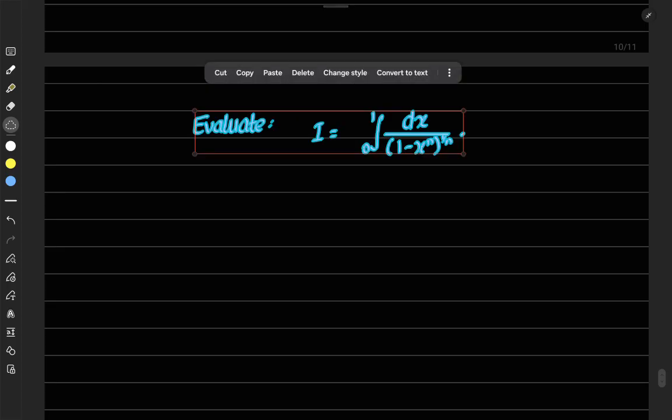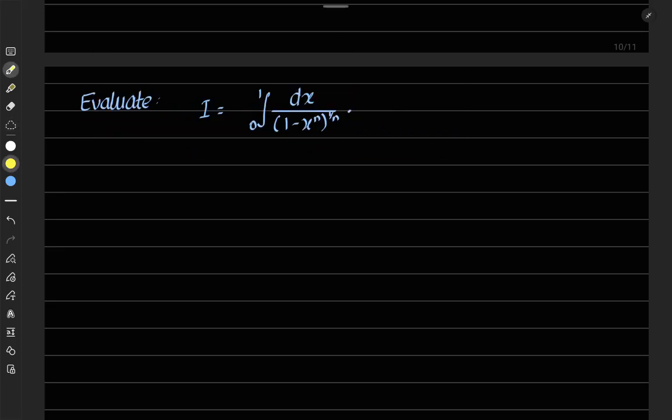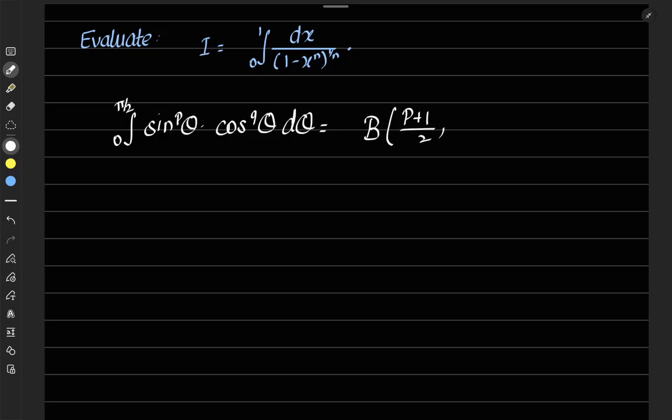So consider this example. Before discussing this example, we will define beta functions in terms of trigonometric functions. The integral from 0 to pi by 2 of sine power p theta into cos power q theta d theta can be evaluated as Beta((p+1)/2, (q+1)/2). How does this value come?